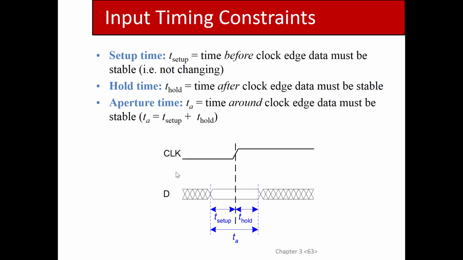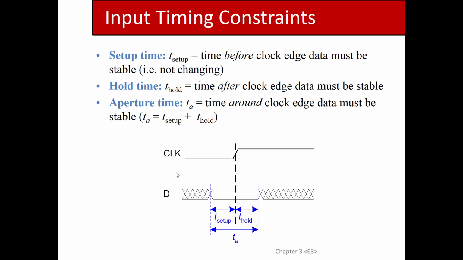And the timing rule is that whenever you have a flip-flop or a register, the input to that, the D, has to be stabilized by the time of the clock edge minus the setup time. That sounds kind of strange, but it has to be stable for T setup prior to the clock edge. And it has to be also stable for T hold after the clock edge.